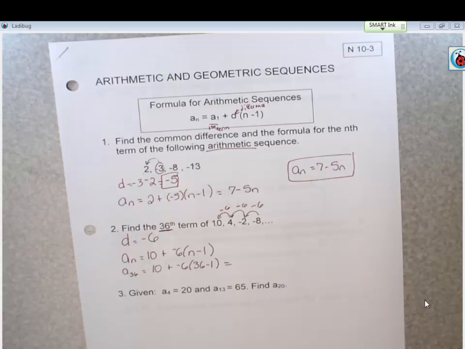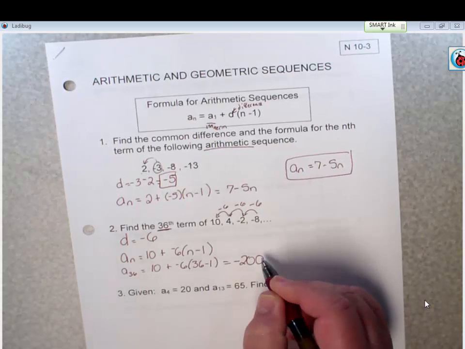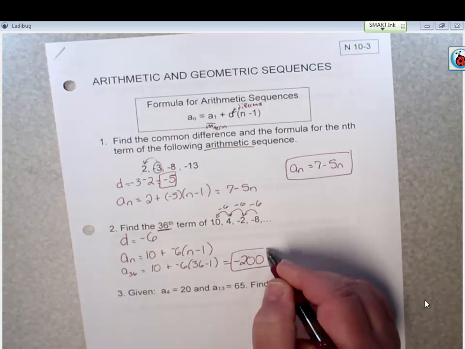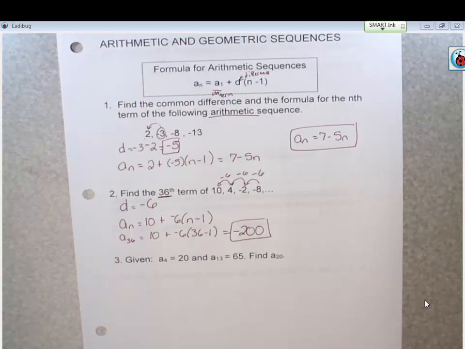And when you do that out, you get negative 200. Sure beats counting out to the 36th term, does it not?